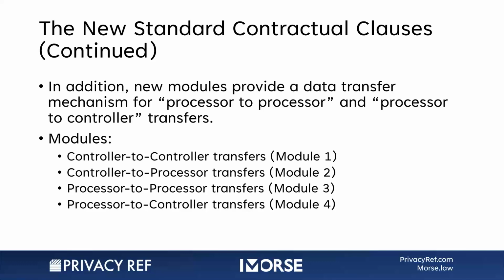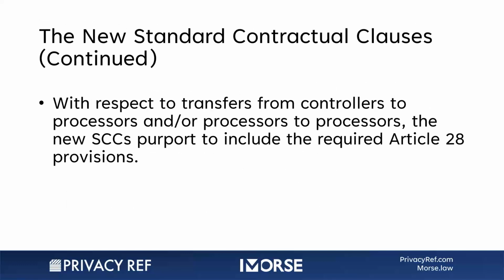Another interesting feature about the new clauses is with respect to transfers from a controller to a processor or a processor to a processor, the new clauses purport to include all of the required Article 28 provisions under the GDPR.